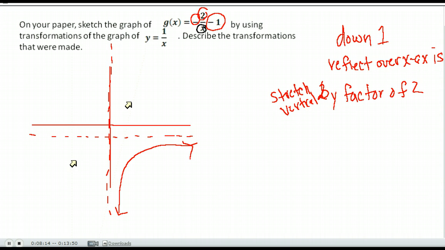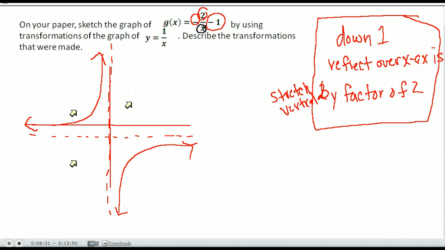Okay, normally we would be down here, but we stretched it, so it's going to be here. They're reflected over the x-axis. So there's a basic sketch of our graph using transformations, but the more important part is that you know what's happening. So it moved down 1, was reflected over the x-axis, and was stretched vertically by a factor of 2.